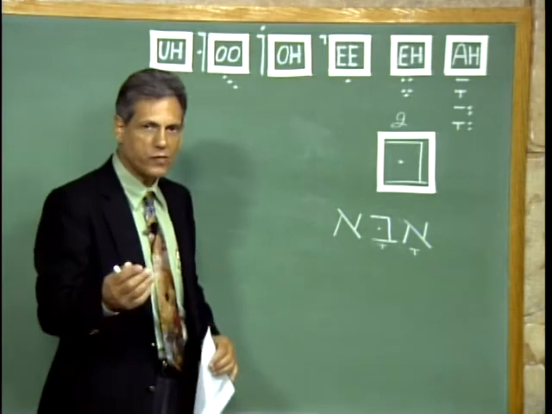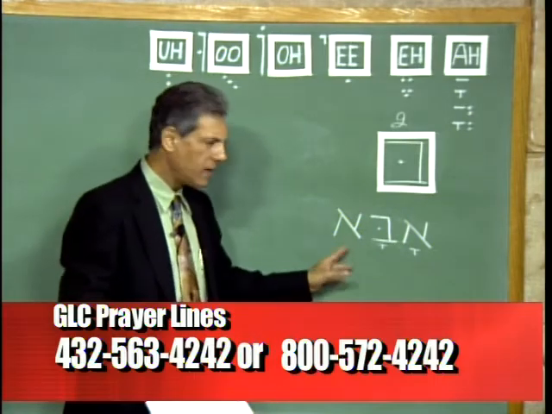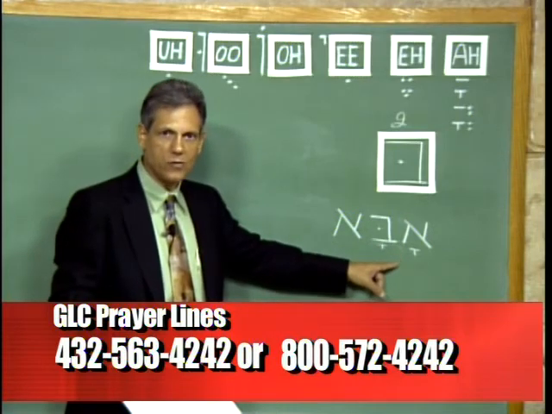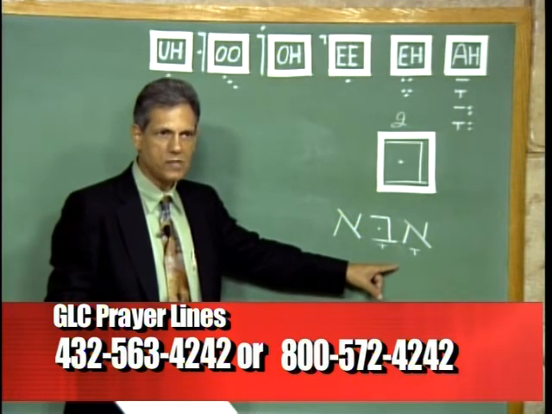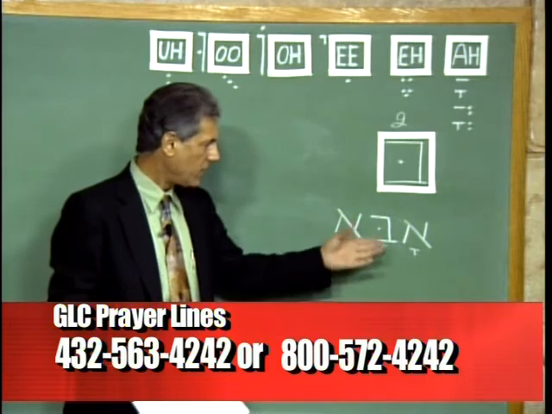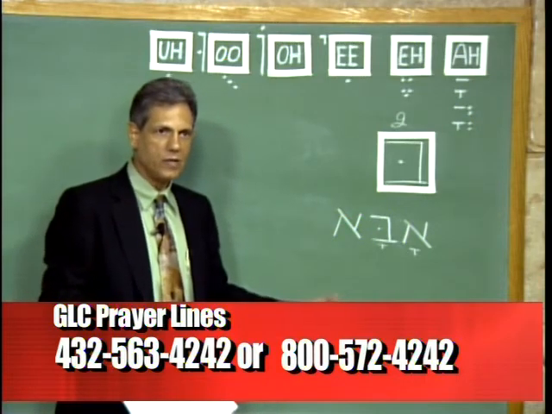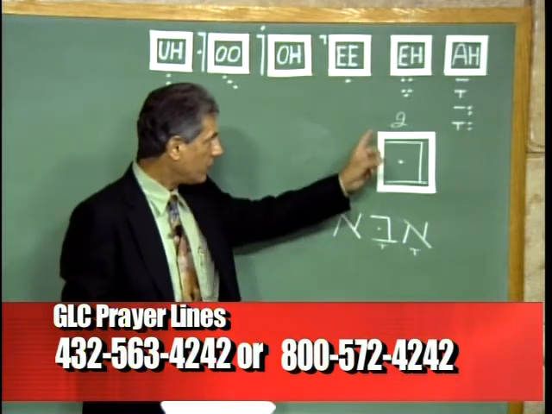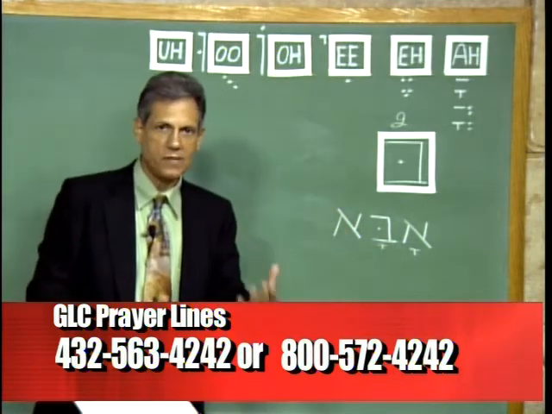So here is a rule for you. All letters with vowels have sounds. That will be a good thing to remember as a guideline. Letters with vowels will always have a sound.